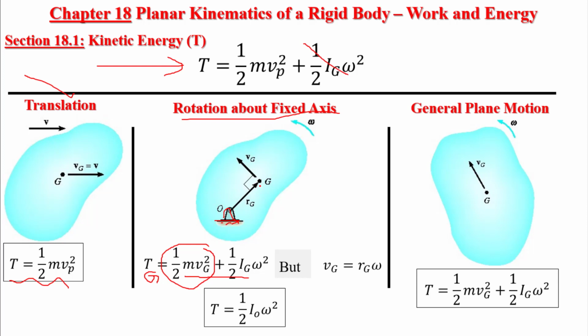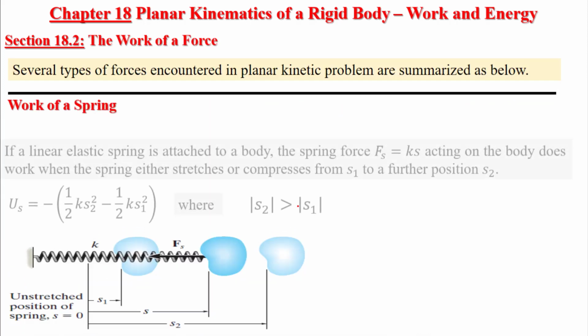But if I want to write the kinetic energy of rotation about the fixed point O, then this term vanishes. So for example, if point G is fixed instead of O, then the equation for this type of motion is half the mass moment of inertia multiplied by omega squared. Okay, so be careful with this. Let me go back to the question.